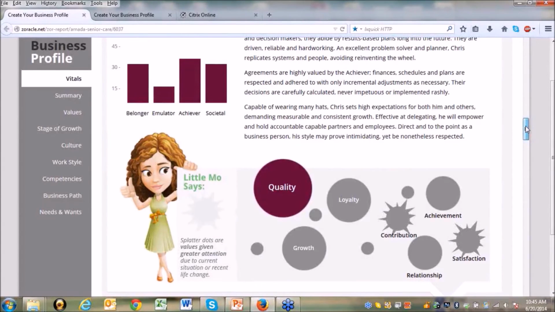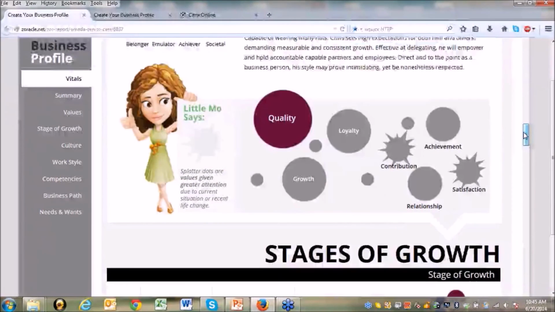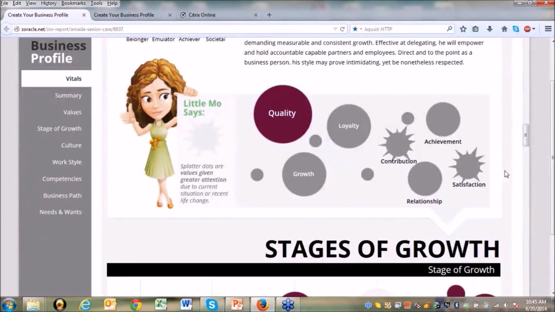Down below here is the constellation again. Come here, take a look. You'll see in this case 2 splatter dots. A splatter dot is a value that at this current situation in this prospect's life is askew. There's something going on. This is typically not who he or she is.